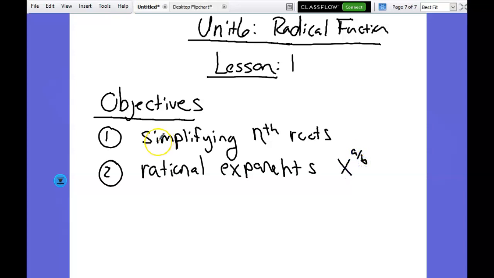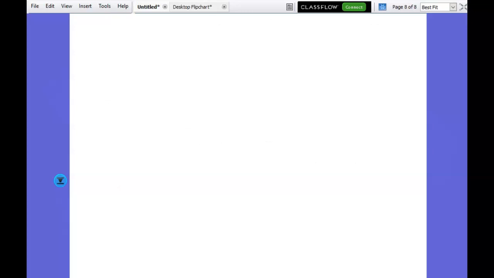So when your power is a fraction. All right, so we're talking about 2 things today. How do you simplify these new roots that are not just square roots, right? And then also rational exponents when you have a term with a power that's a fraction. That's a new concept for us, okay? So, here we go. Let's begin.